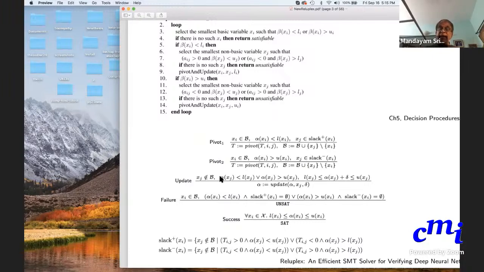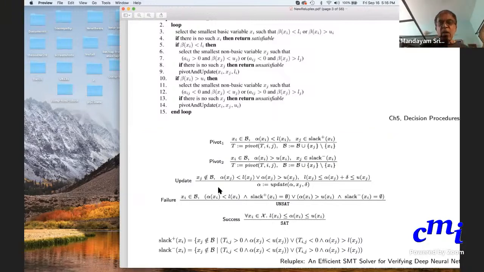And then implicitly, although it does not specify it here, since the pivot operation also changes all the equations, the rest of the variables that remain in the basic set will have their assignment adjusted as per the new equation. That is not explicitly stated here, but that also happens as part of the update operation.